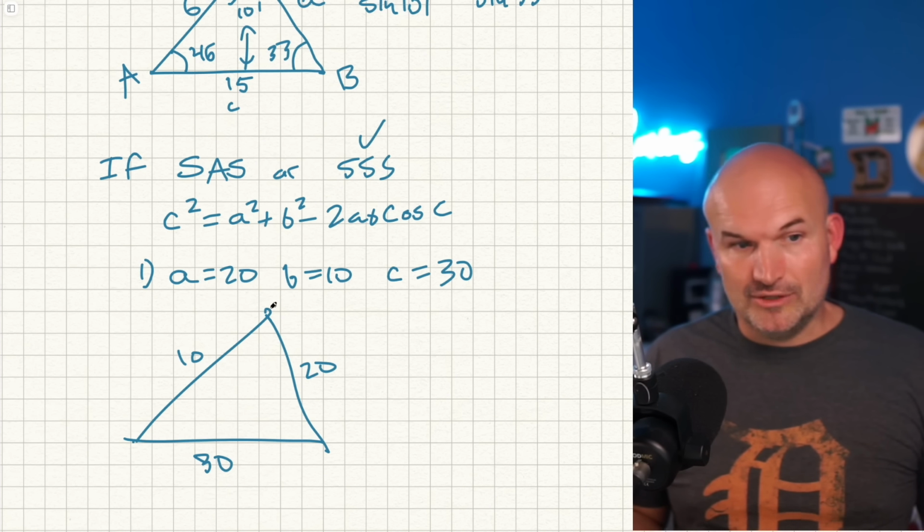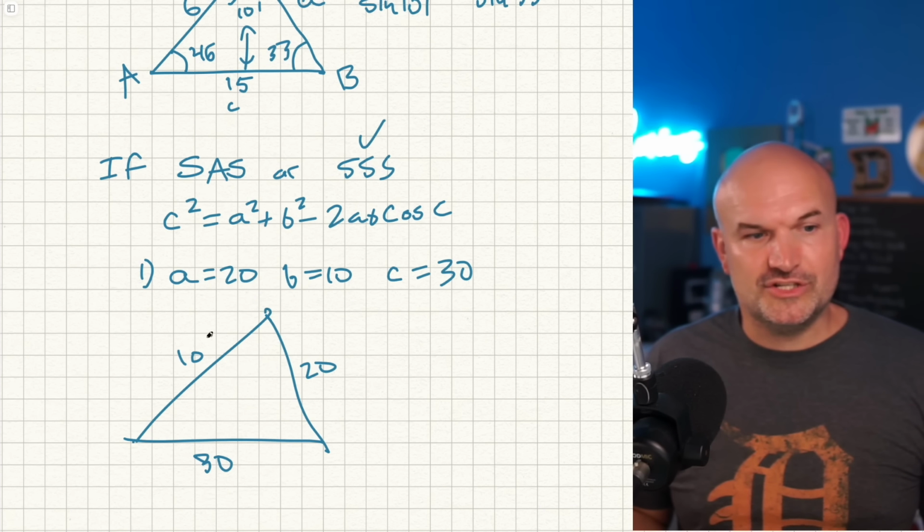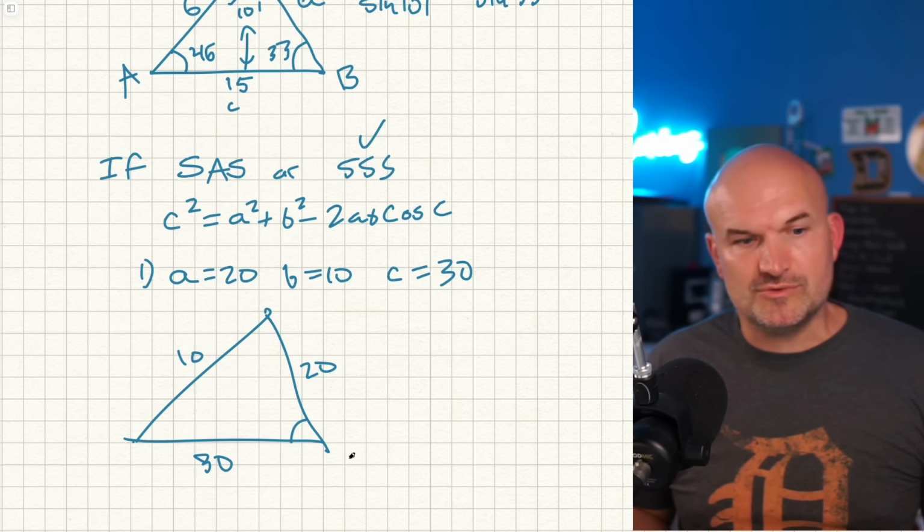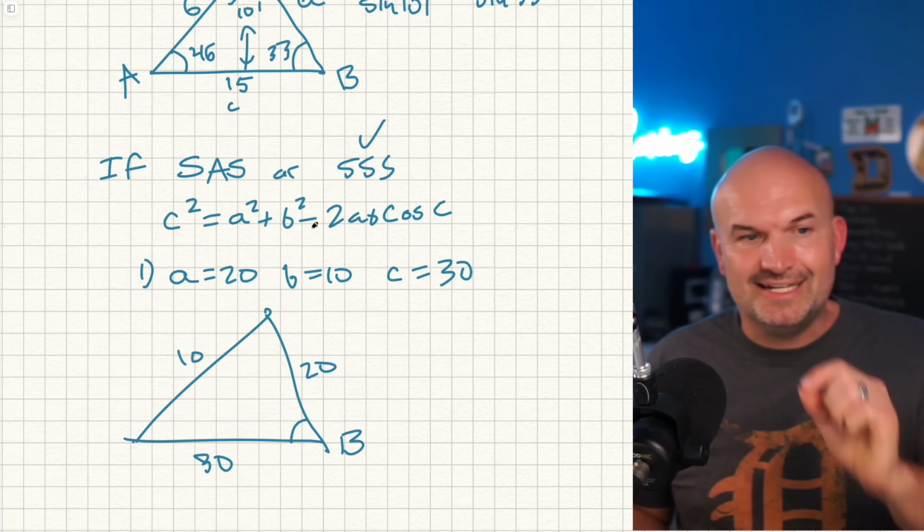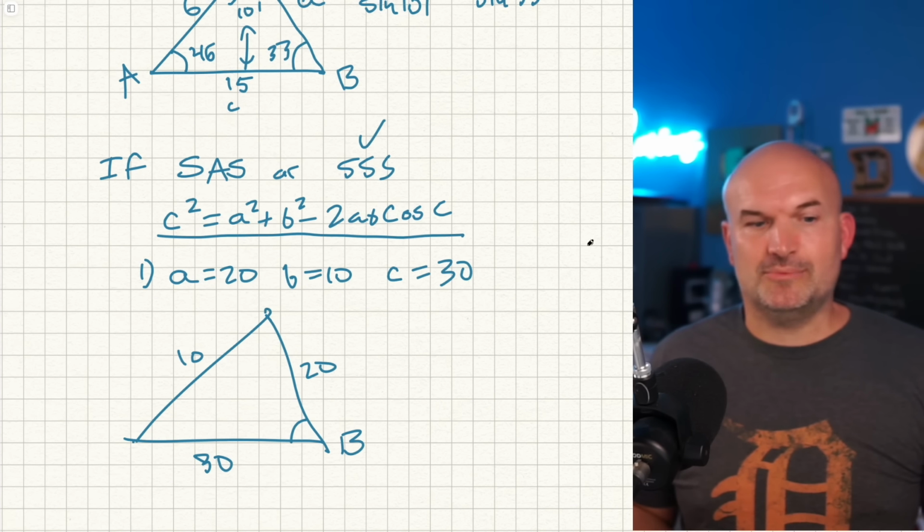But actually in this scenario, what we would want to do is solve for this angle first, which would be big B. But again, here's the thing. This is all interchangeable, ladies and gentlemen.